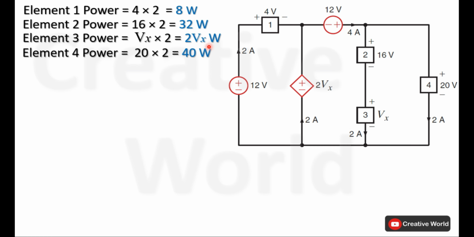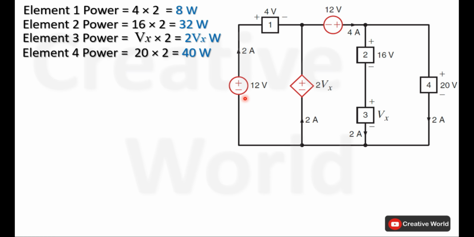Next is element 4. Voltage across this element 4 is 20 volt and current through it is 2 ampere. This current is entering from positive terminal, so this current will be taken with positive sign. Power of element 4 will be 40 watt and because of positive sign, the element 4 is absorbing power of 40 watt. Now we will calculate the power of sources.